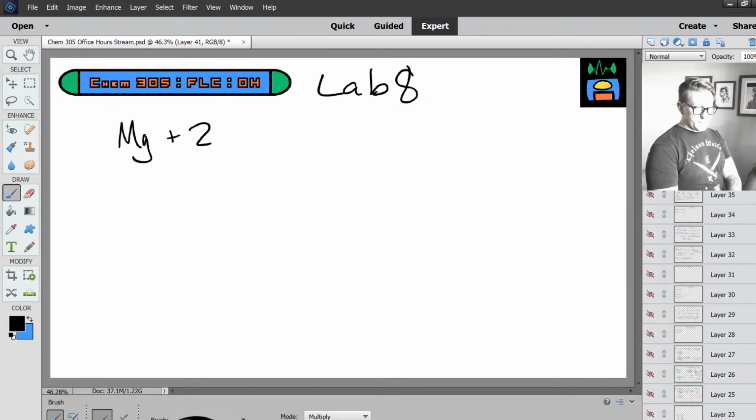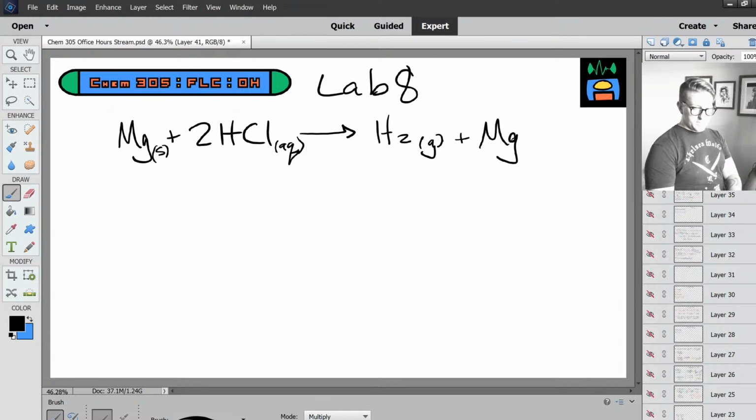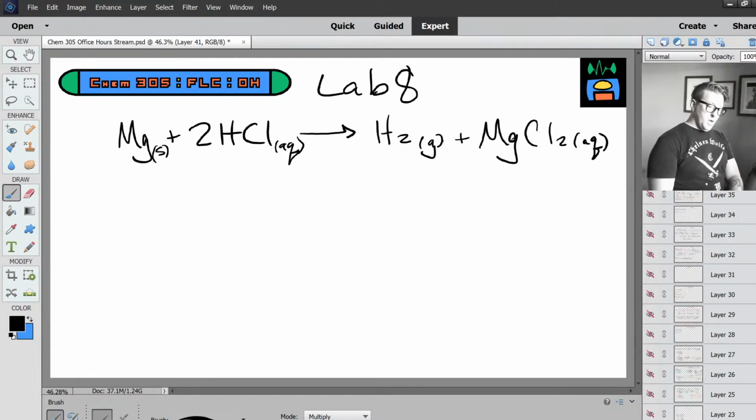Magnesium reacting with hydrochloric acid to produce hydrogen gas. So this is solid, this is aqueous, this is a gas, and magnesium chloride, which is aqueous. All right, now they tell us, so for example, here, let me just pull up.